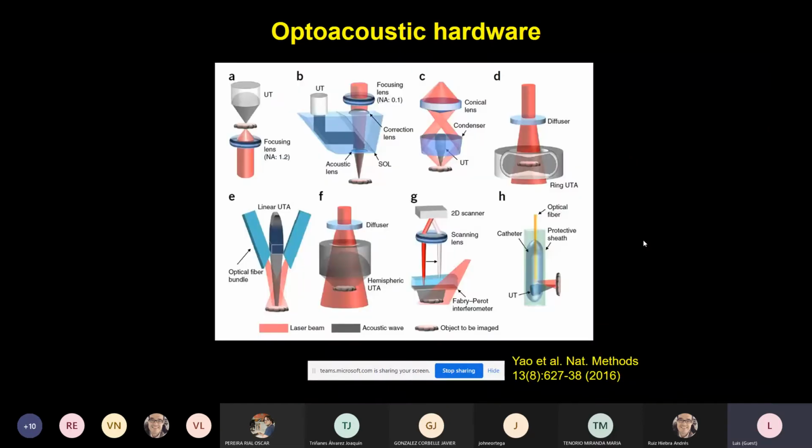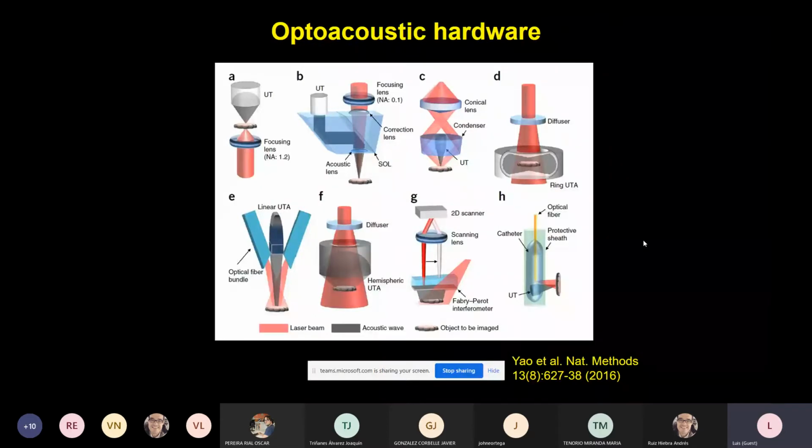Okay, the other thing that is important to take into account is that it's a relatively new modality, but not only because of that, there are many different implementations of optoacoustics. You see here an example from a review in 2016 in Nature Methods, where you see 8 completely different systems, but there are actually many more.